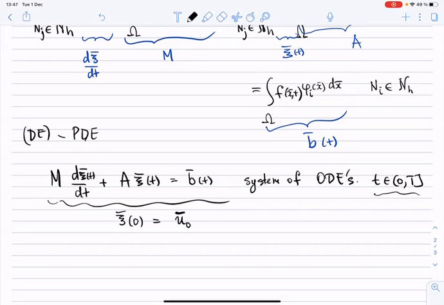For example, it says that psi J0 is equal to U0 at nodal value J. So it's evaluated at this nodal value. U0 is the initial condition that you are given. It's a function that depends on the nodal values. You just construct the initial condition for this ordinary differential equation in this form.